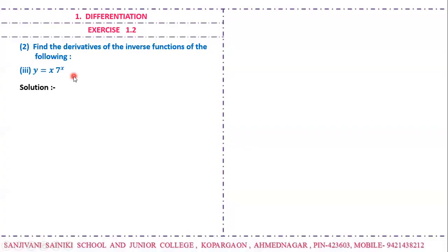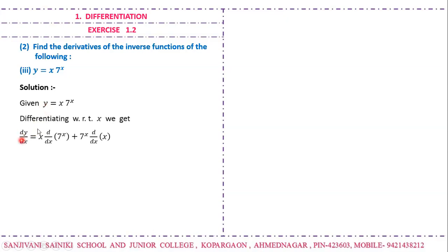Now find the derivatives of the inverse functions of the following. y is equal to x 7 raised to x. Differentiate with respect to x. First function as it is, derivative of the second function plus second function as it is, derivative of the first function. Now the derivative of a raised to x is a raised to x log a and derivative of x is 1.